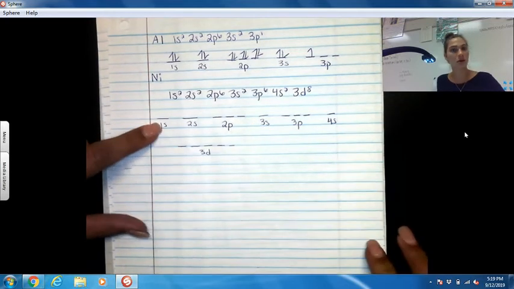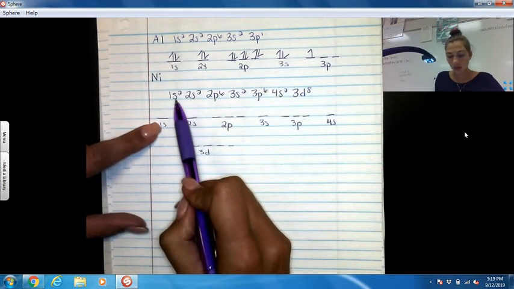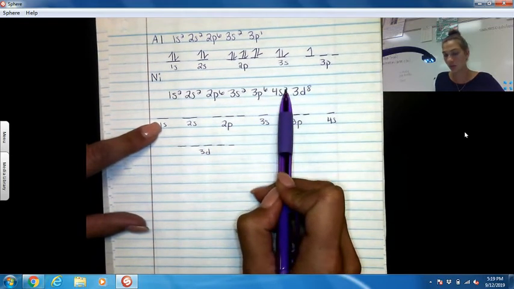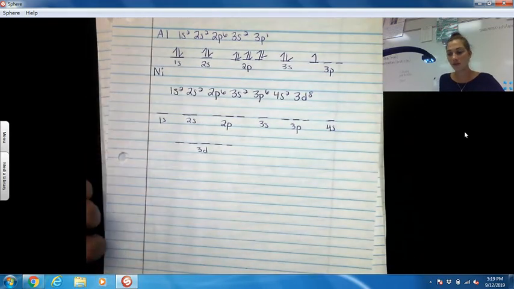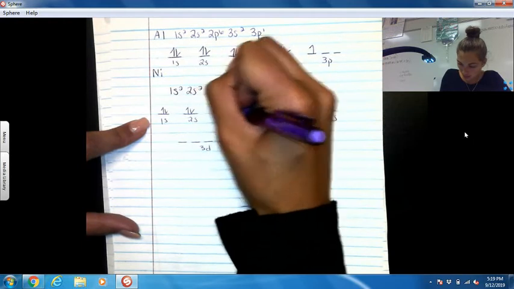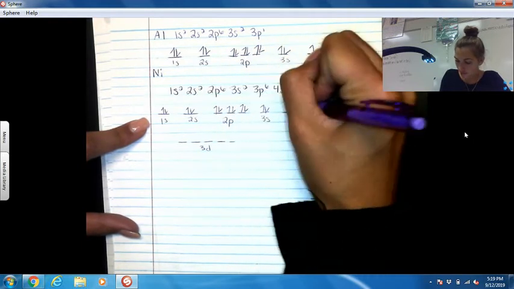Okay, so now I start filling them in. 1s2, 2s2, 2p6, 3s2, 3p6, 4s2. Those are all totally filled sublevels. So we can quickly just fill those in with electrons, because we know that they have maxed out.